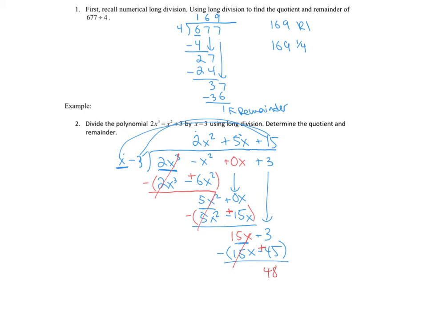Now I know I'm done when the degree of this is less than the degree of my divisor. And 48 is a constant, so I'm done with my dividing. That's going to be my remainder. So my answer, or the quotient, is 2x squared plus 5x plus 15. And then my remainder, 48, I write as plus 48 over x minus 3, whatever you divided by. And that would be my final answer.